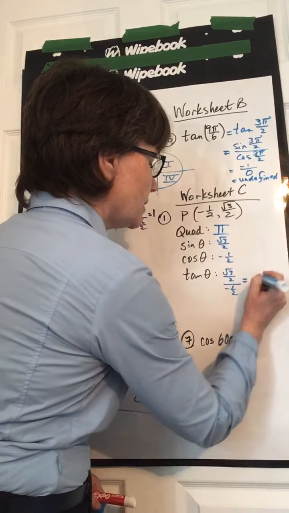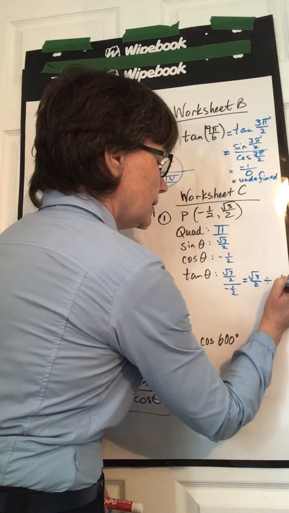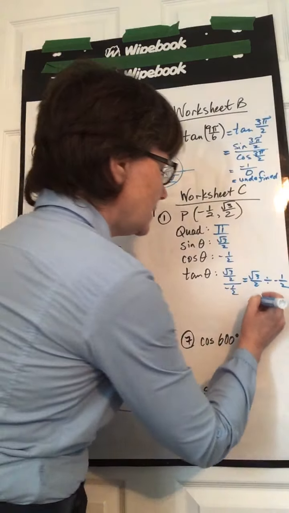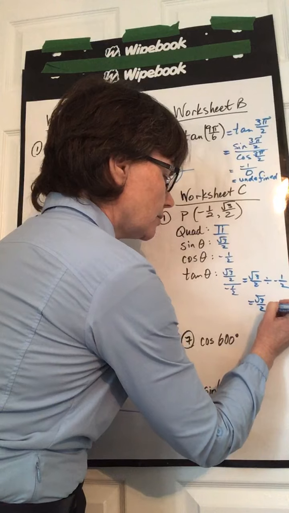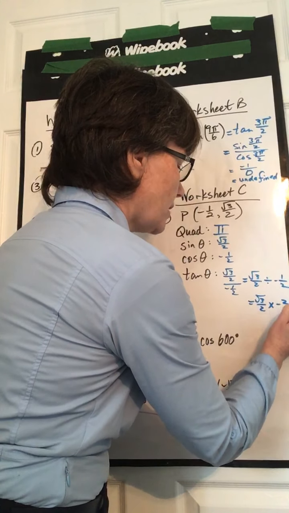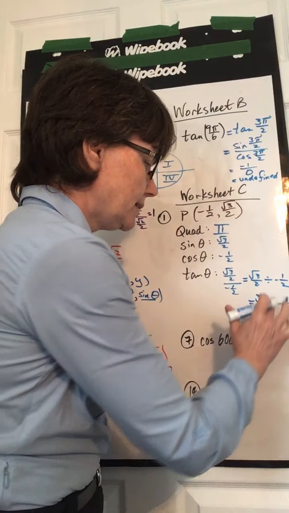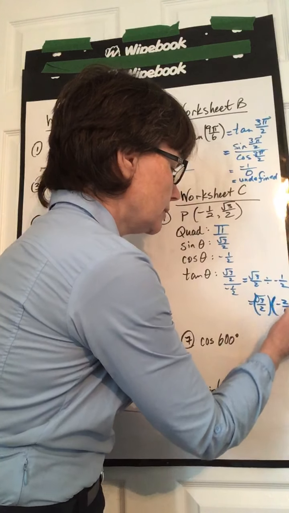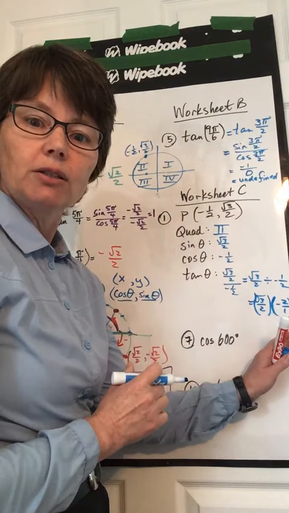If you get something like this, we need to do out that math. This is the same thing as saying root 3 over 2 divided by negative 1/2. Remember, when we do division, we keep the first fraction as is, we change division to multiplication, and we flip the second fraction. Instead of putting an x here, it's probably better to put brackets around it, because nothing in between those brackets means that we are multiplying.